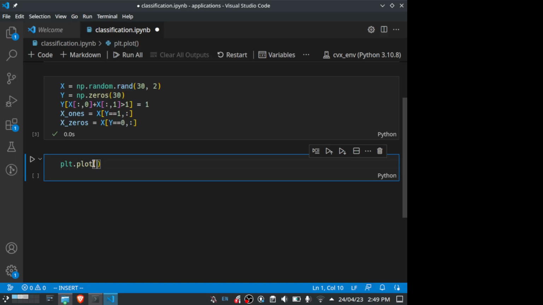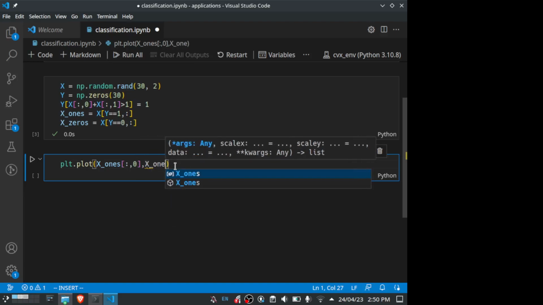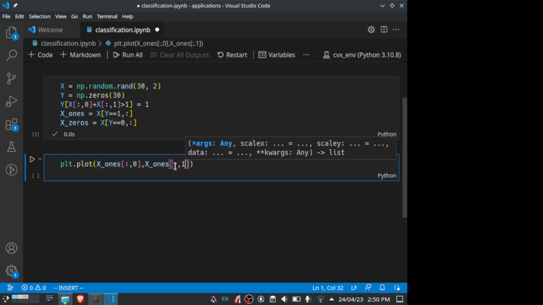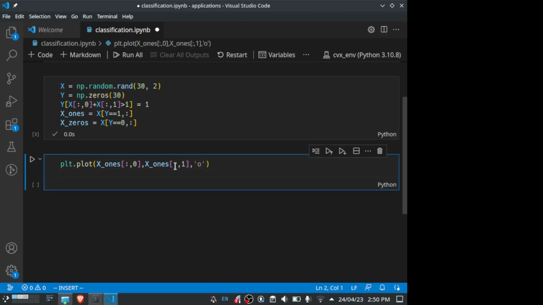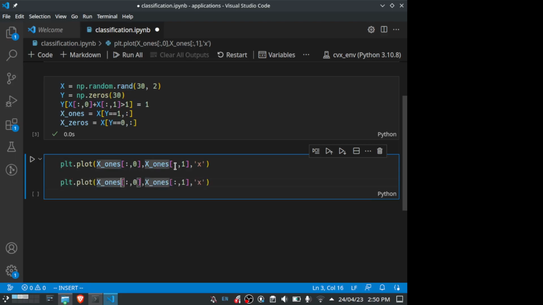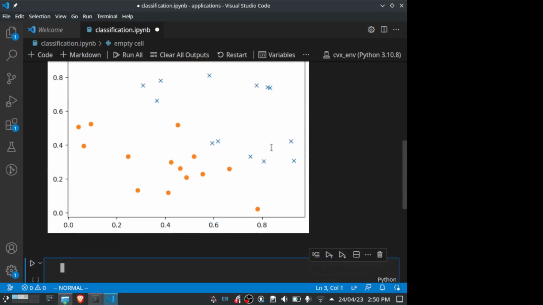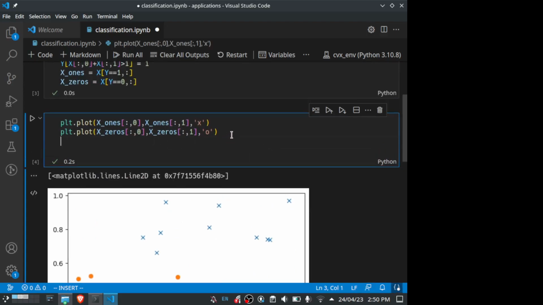I will first plot the points which are labeled ones. I'll also plot the line x plus y equal to 1.